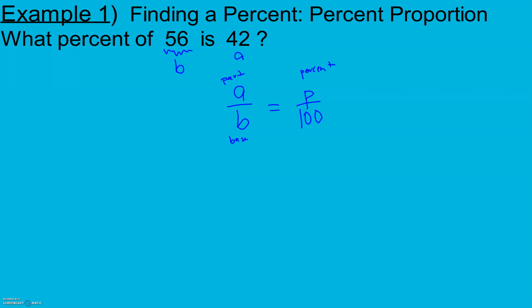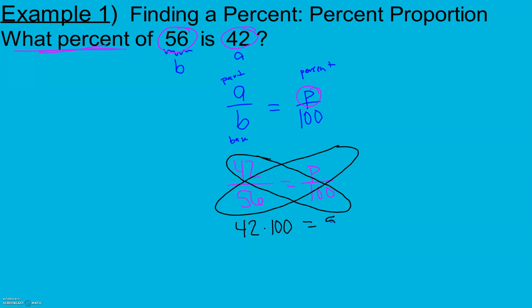We can plug in what we know here. A is 42. B is 56. We're looking for what percent, so P is our missing piece, and the 100 always stays because percents are always over 100. Now I have two ratios set equal to each other, so I can solve here by taking cross products. My cross products are equal to each other, so we cross multiply.